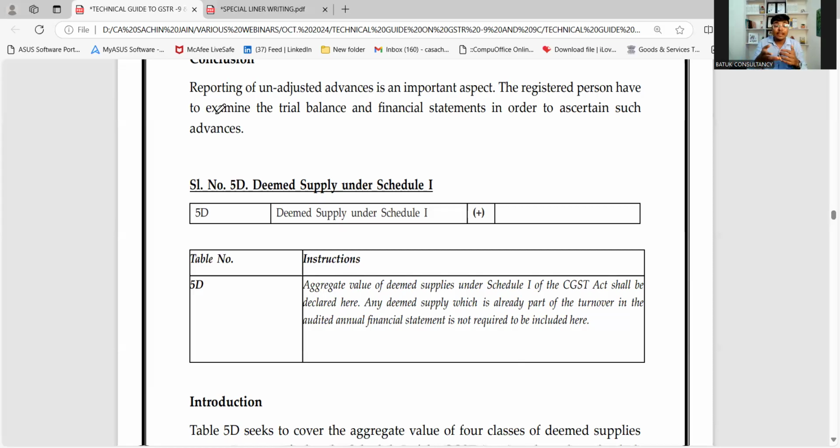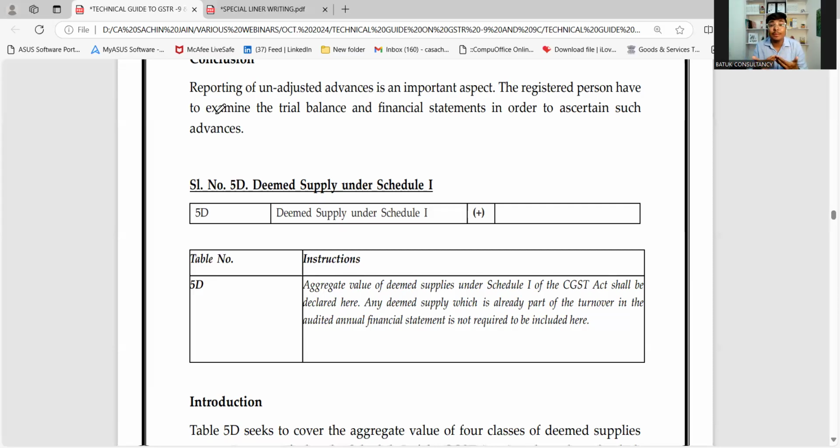There may be chances if there is any supply between distinct persons and related parties. That means inter-branch transactions. In such a scenario, it may be that PAN-based turnover does not include it there, but in case of GST, if there is any inter-branch transaction, there is a requirement to pay GST on that transaction. So you have made the payment of GST, but under the audited financial statement you are not supposed to record it as sales.